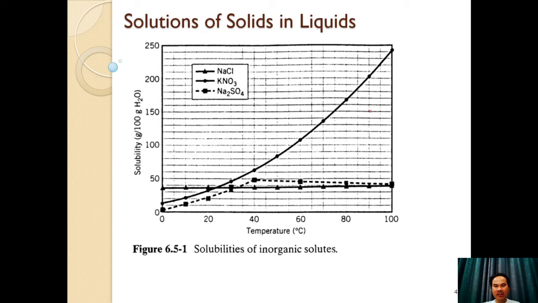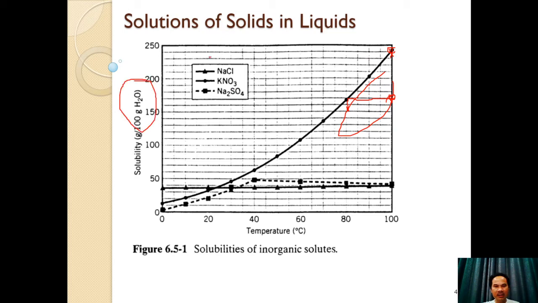If we start at this point, 100 degrees Celsius, and you add some calcium nitrate, it can dissolve until it reaches this point, the maximum amount of calcium nitrate that can dissolve in 100 gram of water.